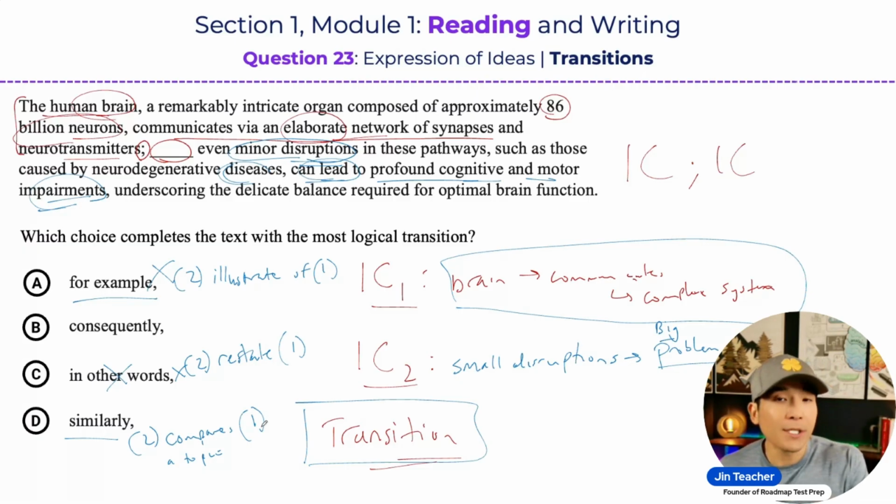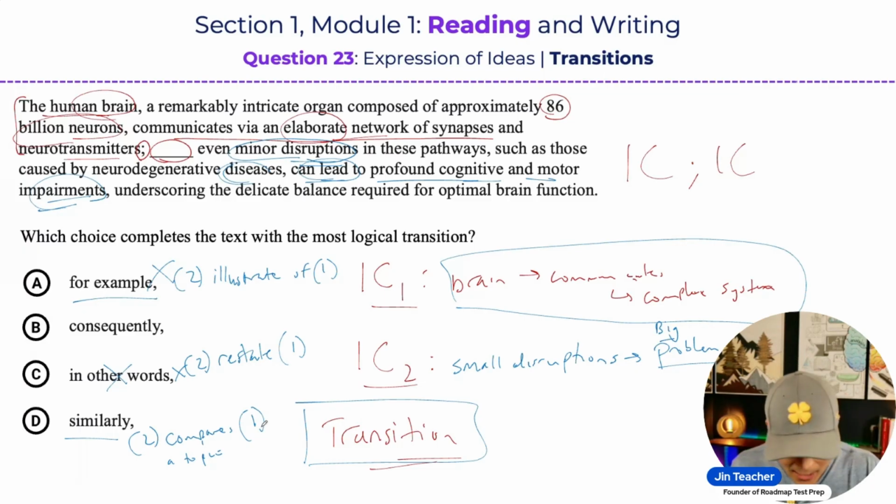We wouldn't use "similarly" if we said, "Jack likes chocolate chip cookies. Similarly, Jill likes healthy bananas." That wouldn't make any sense, because it's not comparing two similar things. It's giving you a contrast between two different things: one is healthy, the other is not.